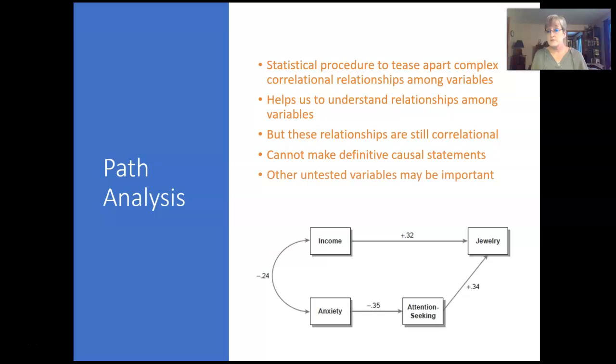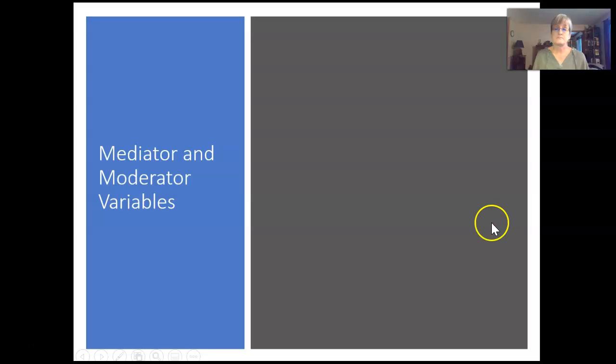There still may be other variables that are untested, that aren't in your analysis, that could be important. So as a result, you can't make any kind of conclusive causal statements. What you have is a more powerful correlational model, though, that in some ways represents a closer step to causal interpretation.